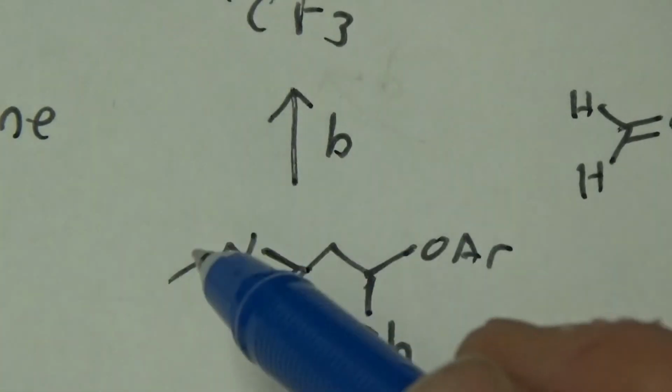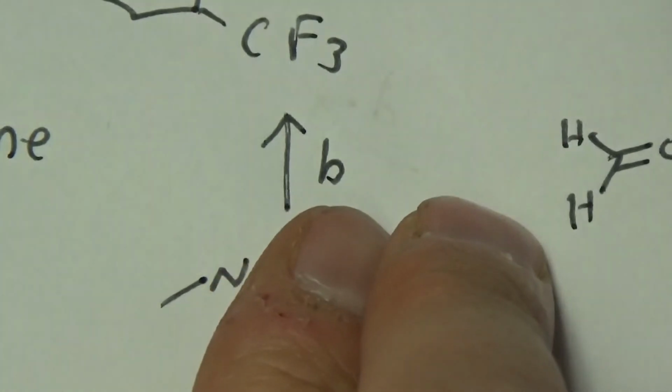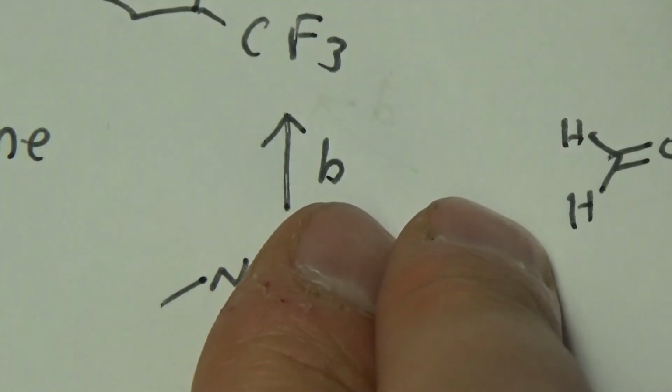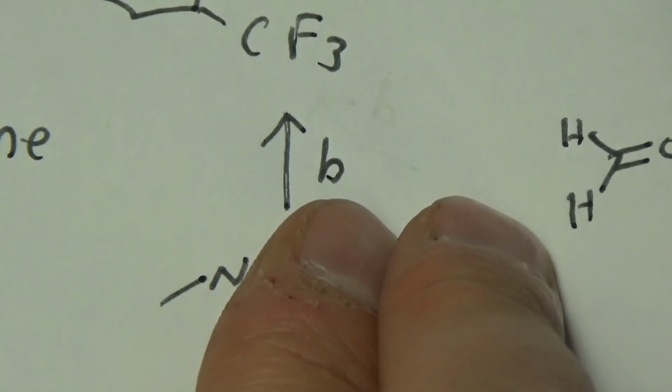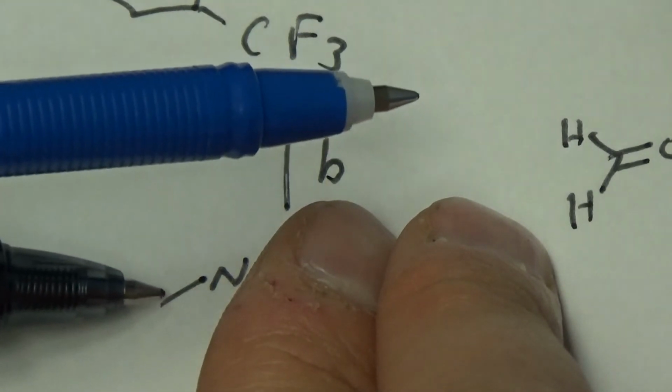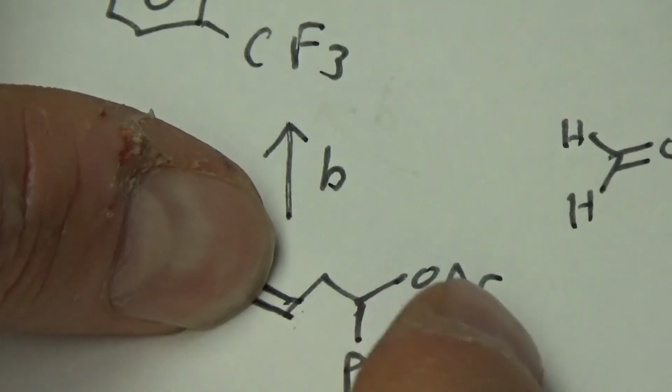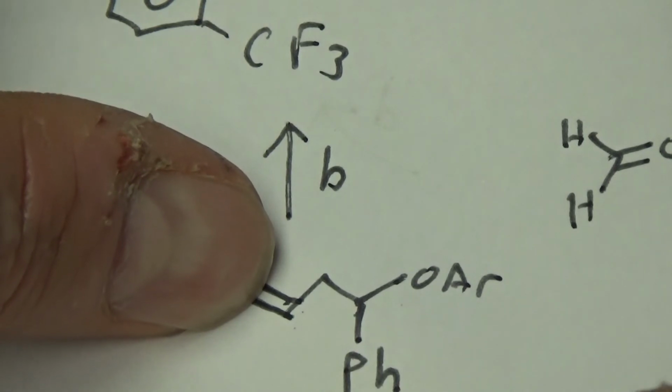If we want to make that, we would make it from an amine of how many carbons is that? It's a one carbon amine, methylamine. Right, there's a CH3 right there. An amine of one carbon, and in this case probably an aldehyde with this whole thing, right? Aldehyde.